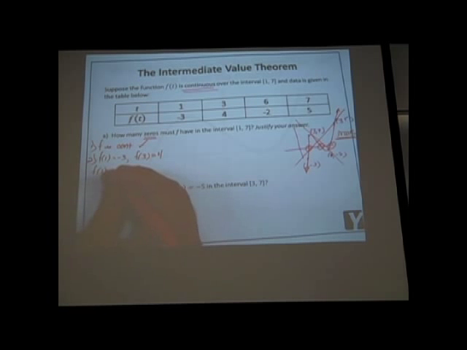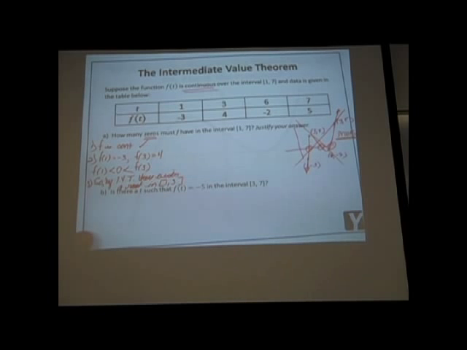We suspect a root in there because the left endpoint is less than 0 and the right endpoint is greater than 0. There must be a root in there. So we'd say, so by the IVT, intermediate value theorem, there exists a root in the interval [1, 3].